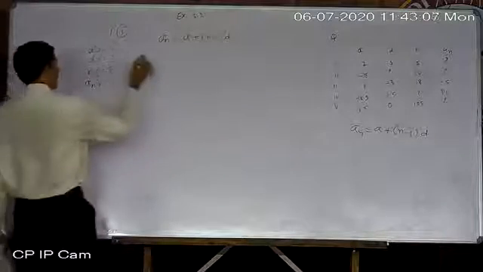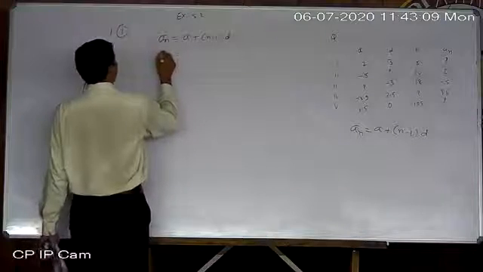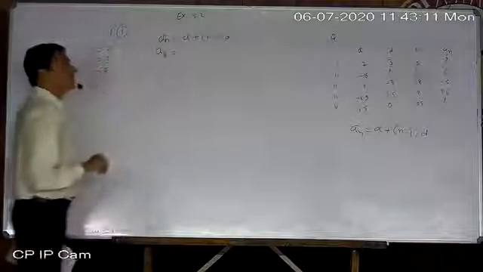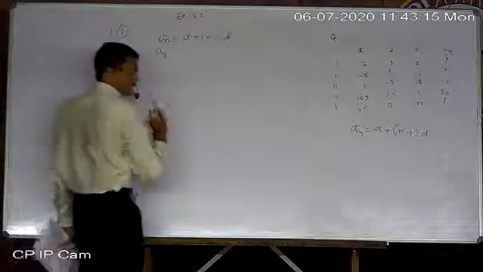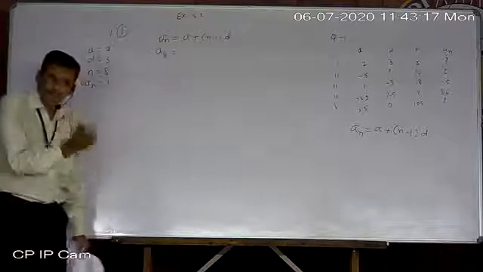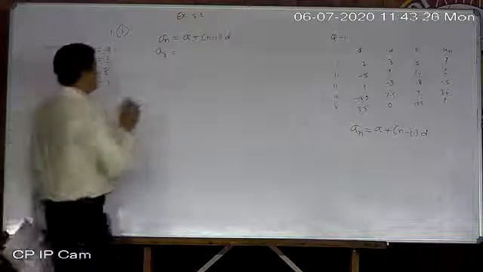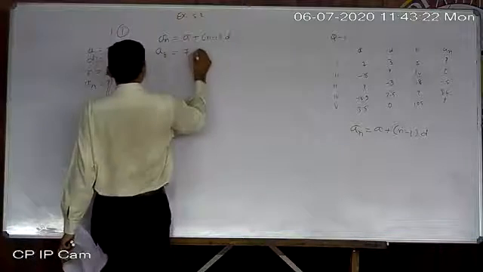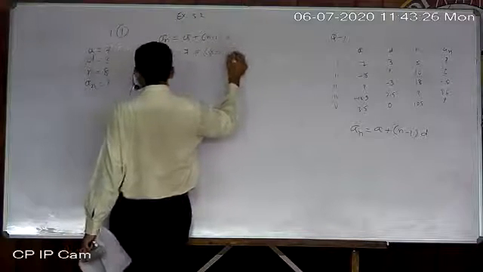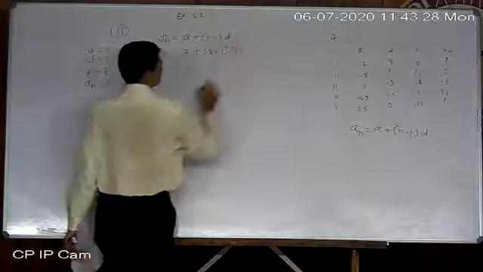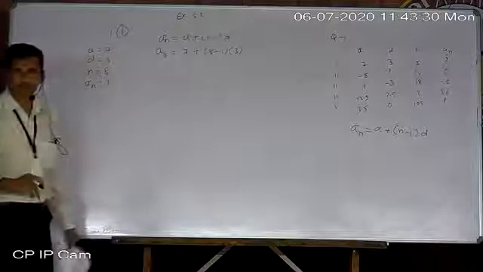Now place all values. Here we are asked a8, so n is 8, meaning the 8th term's value is asked. Now a is given as 7, n is 8, minus 1 as it is, and d is given as 3. So I just place all values.